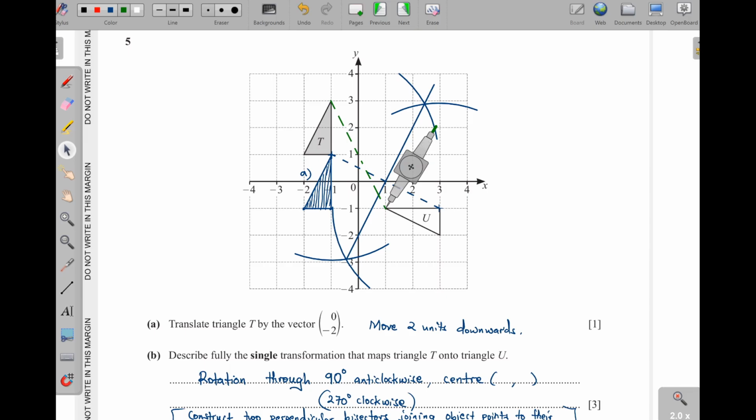Okay, then I draw an arc. Then also come down this side. Okay, then I draw an arc here without tampering with the length of that compass. Then come and put it up here.